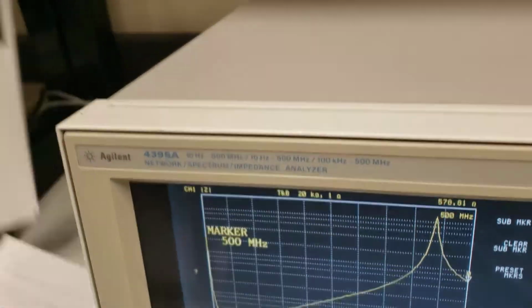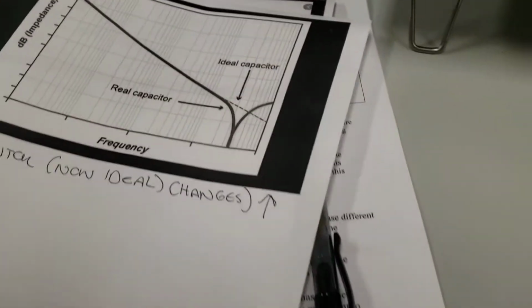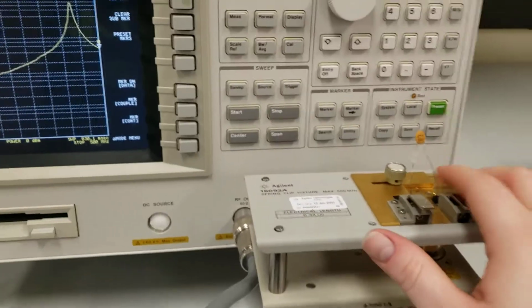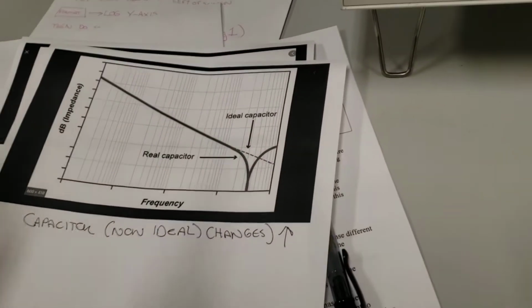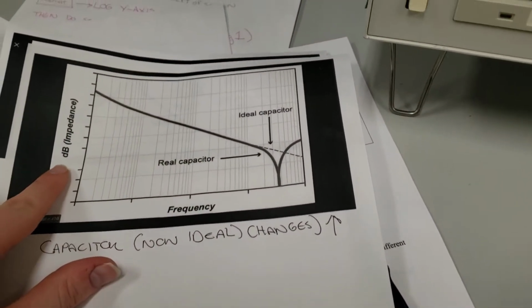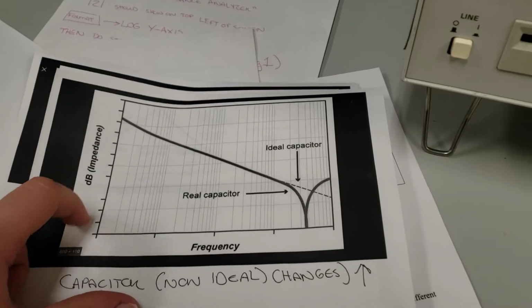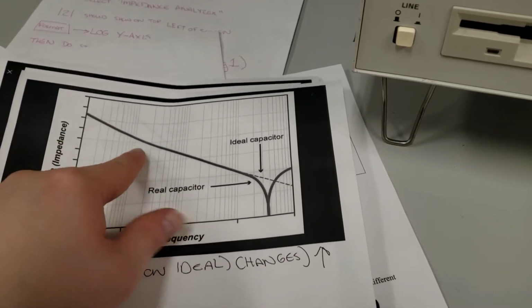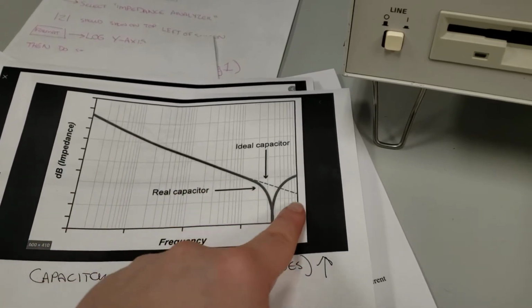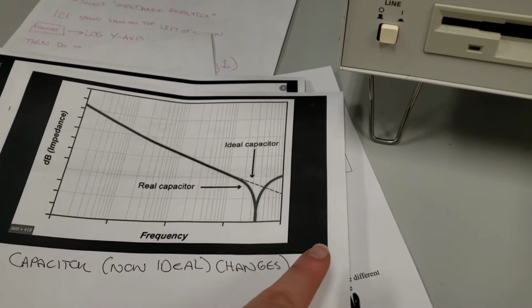In an ideal world, because these are non-ideal, right? Because we live in the real world, everything's non-ideal. An ideal capacitor, when you're looking at impedance versus frequency, will continue to decrease impedance as frequency increases.